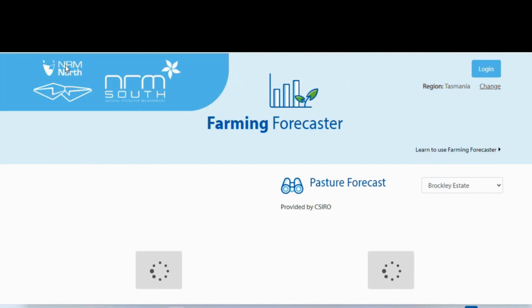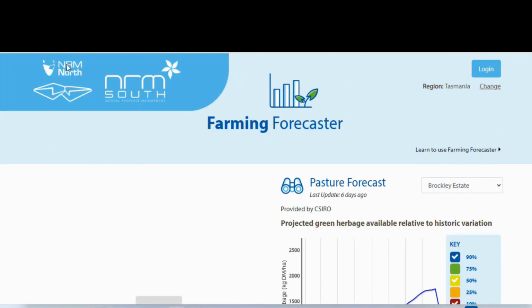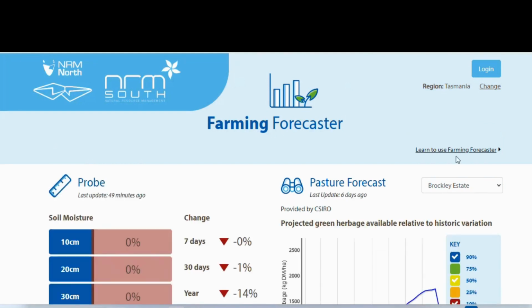The only way you get confidence in this is looking at it, using it. You don't need a probe on your site. It is just as relevant to anyone. If you're surrounded by probes, it's relevant. The quality of the data you get 5 and 10 kilometres away is of great value to a property.